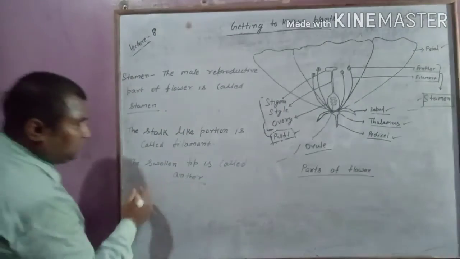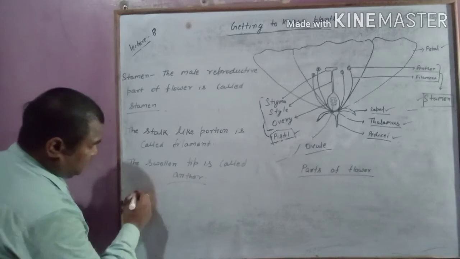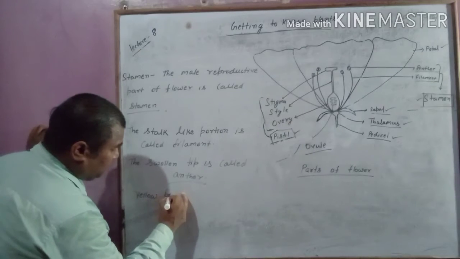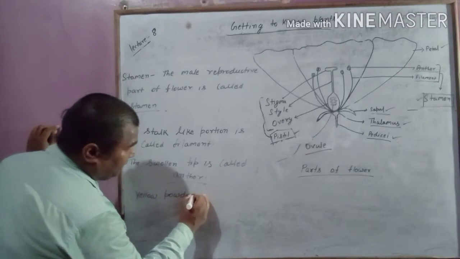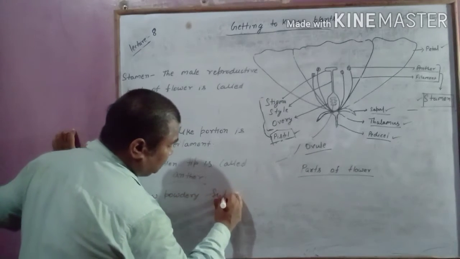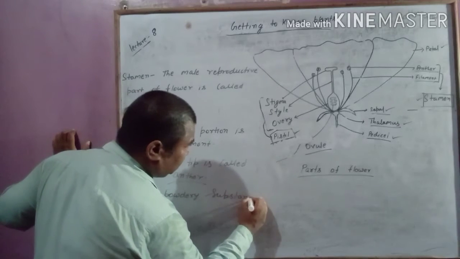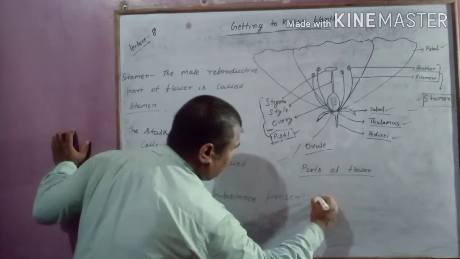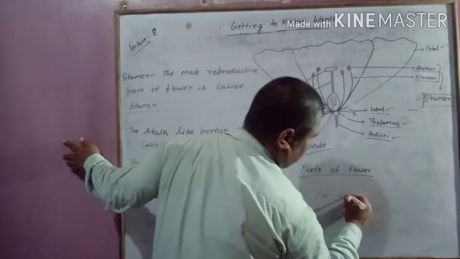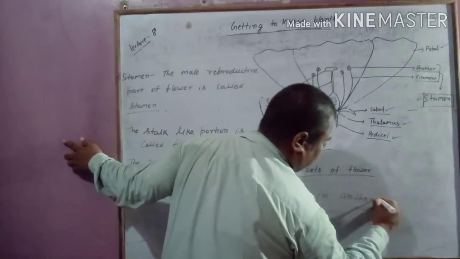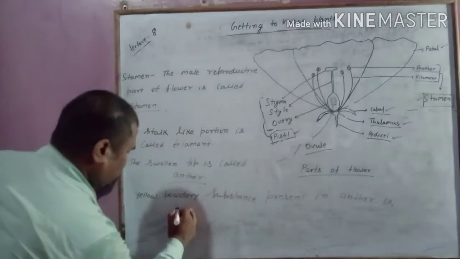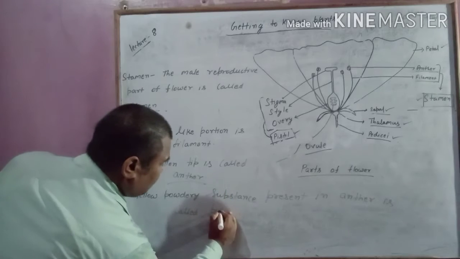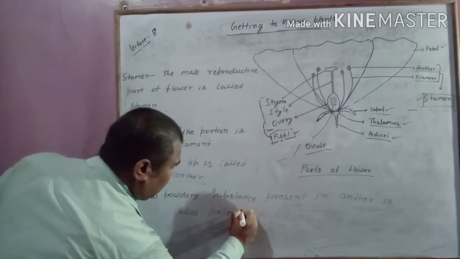One more thing: the yellow powdery substance present in anther is called pollen.